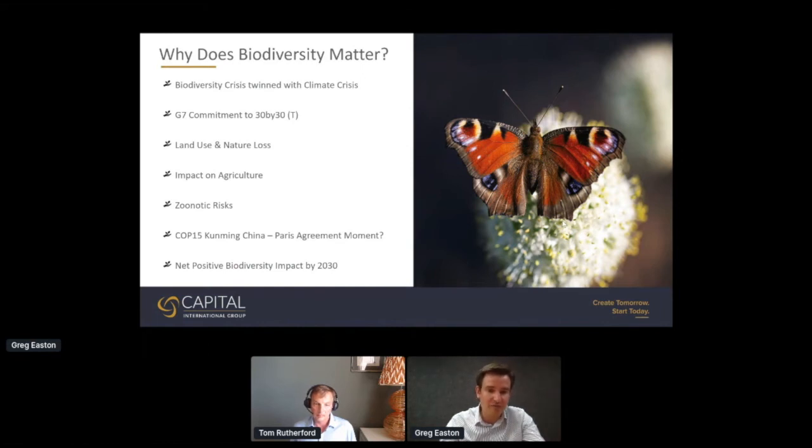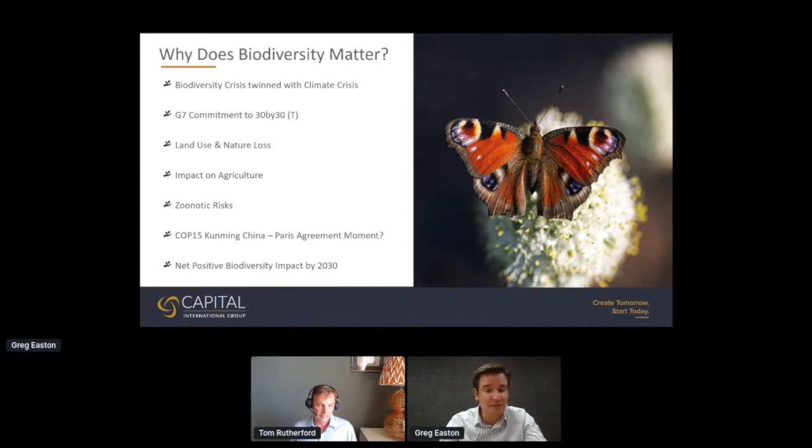And I think the objective of COP15 is to have a similar set of goals from a biodiversity perspective that companies can then start to measure themselves by. We're starting to see that just in the wake of the G7 communique.